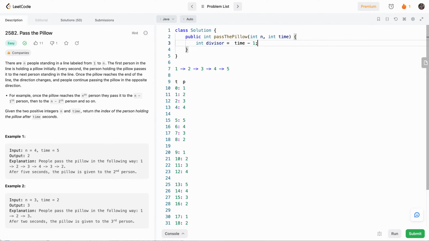Now in order to compute where the pillow will be, we need to know whether it's in this part of the section or this part, because first it goes here and then it goes back. So we need to know if we're going this way or going back, so we can correctly compute the offset.